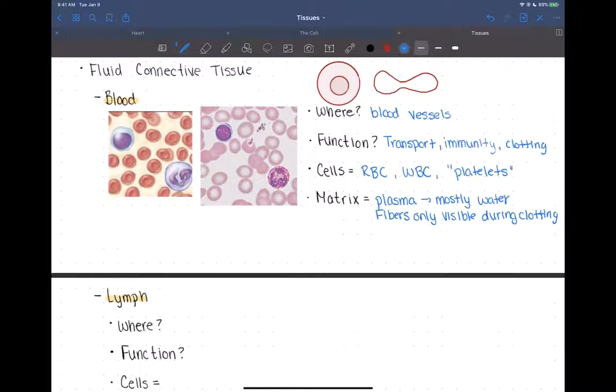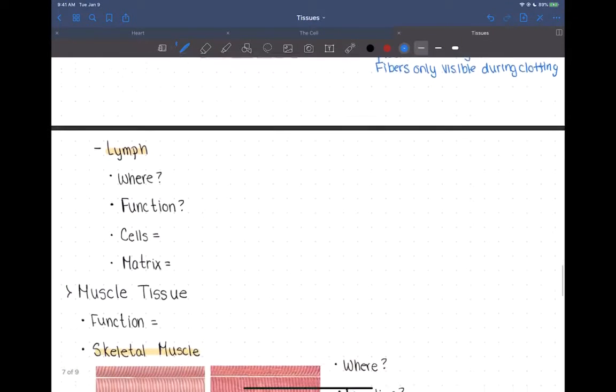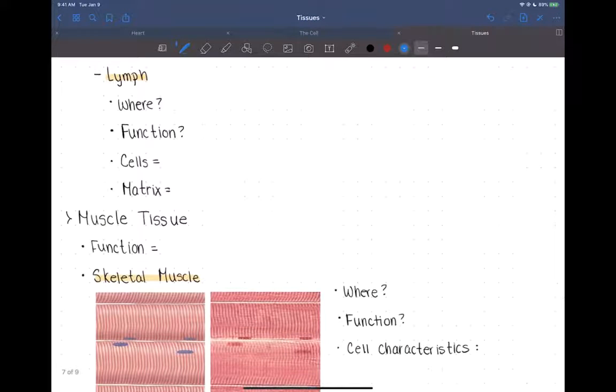Okay. Our last type of connective tissue is also a fluid connective tissue. It is called lymph. Lymph is found in lymph vessels, just like blood is found in blood vessels. Lymph essentially comes from the fluid that leaks out of your blood vessels.